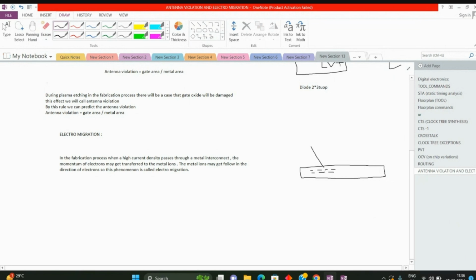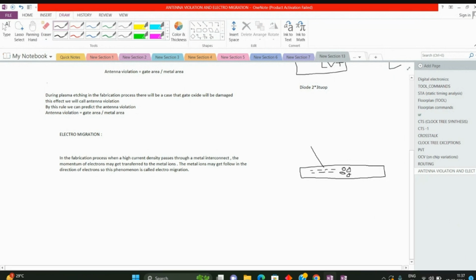So these electrons will get transferred to the ions. In B Tech and all we have studied ions, holes and electrons. It will be transferred like this because that much electron flow is coming. It will happen like this in the metal layer.